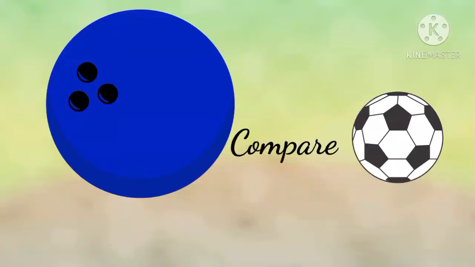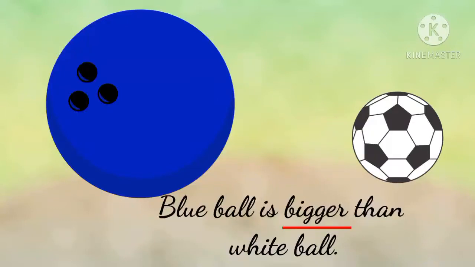So how will I compare these two balls? I will compare them by saying the blue ball is bigger than the white ball. This is how I have compared the two balls.